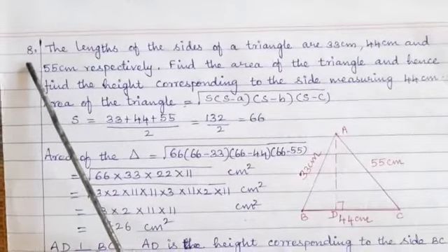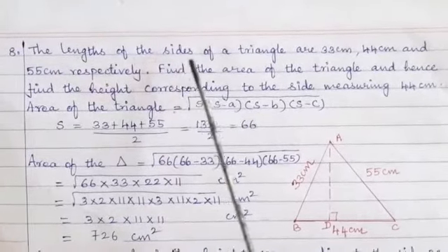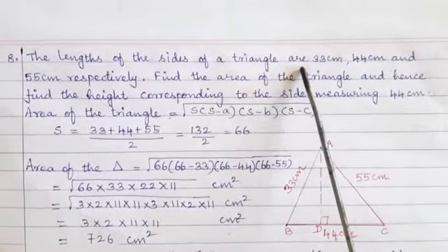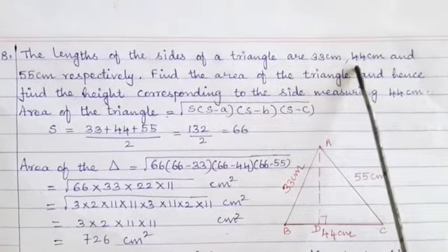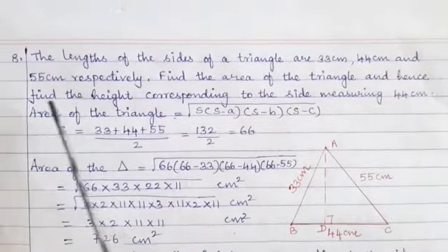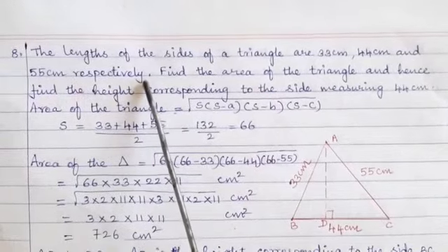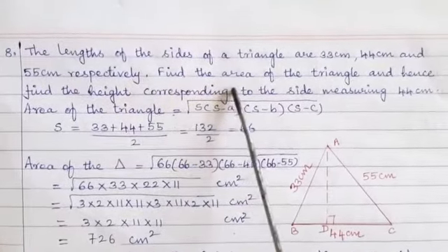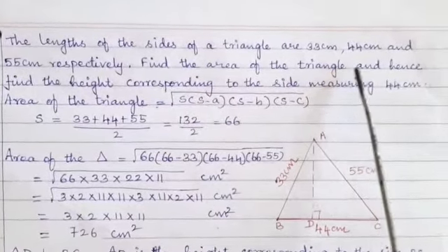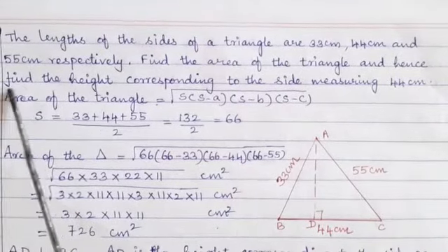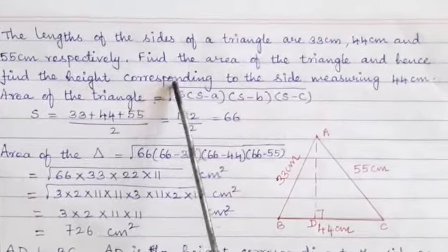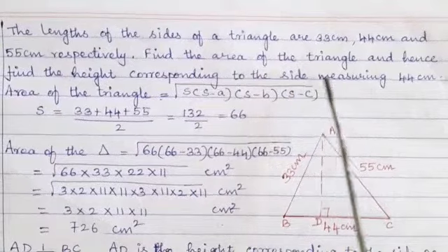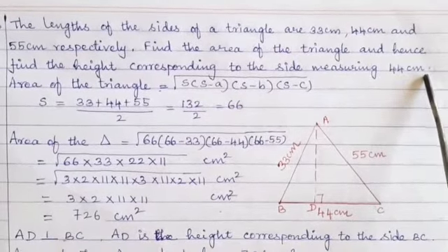Question number 8. The lengths of the sides of a triangle are 33 centimeter, 44 centimeter and 55 centimeter respectively. Find the area of the triangle and hence find the height corresponding to the side measuring 44 centimeter.